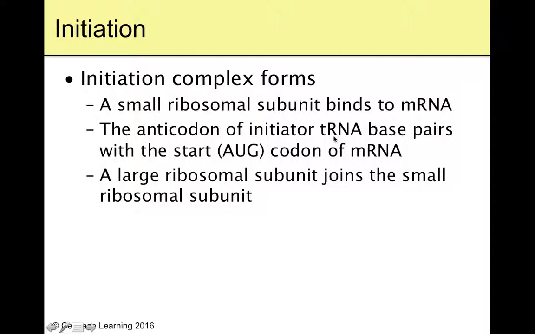And so we always start with methionine, and AUG is the start codon for methionine. And so once we've got the small ribosome unit, once we've got the anticodon, then we add the large ribosome subunit, we've added methionine, and we are ready to make our trip down this messenger RNA strand. So not too complicated.